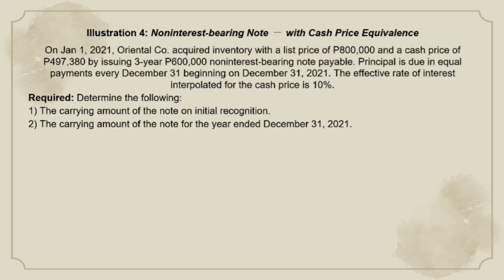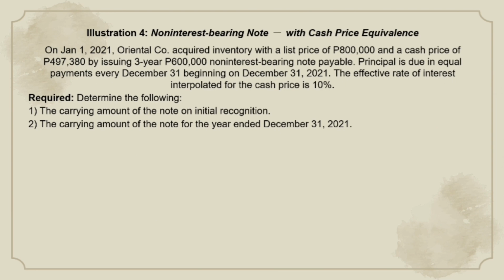Fourth illustration, we have the non-interest bearing note with cash price equivalents. So on January 1, 2021, Oriental Company acquired inventory with a list price of 800,000 and a cash price of 497,380 by issuing a 3-year 600,000 pesos non-interest-bearing note payable.